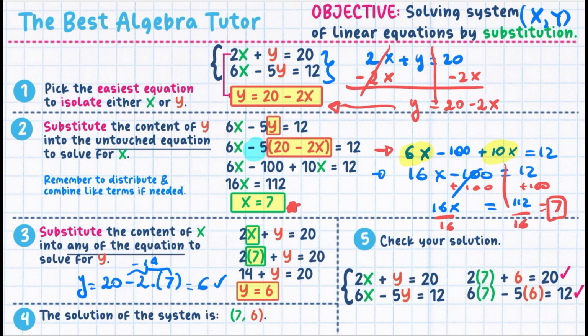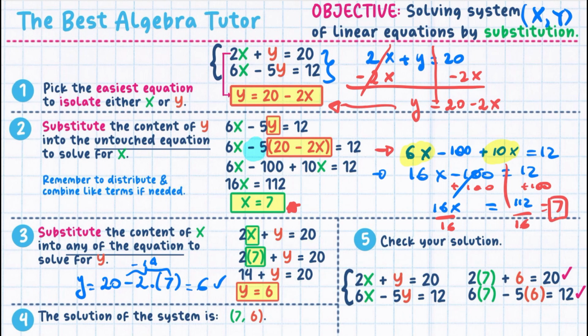So let's do a quick recap. First step, you want to pick the easiest equation to isolate. We can either isolate x or y, it doesn't matter. In this case, we isolated y. Once we have this y, we are going to plug this content back into the untouched equation.